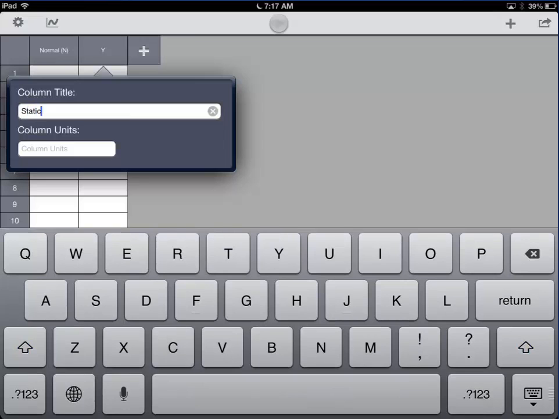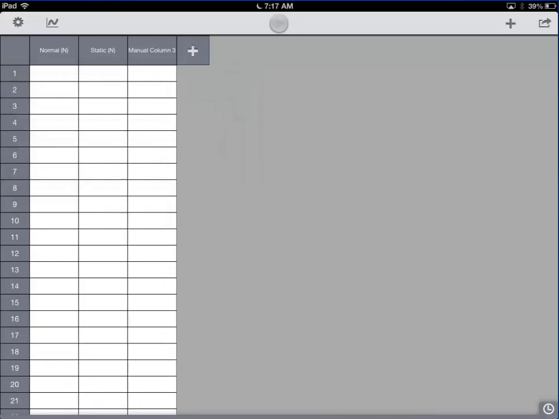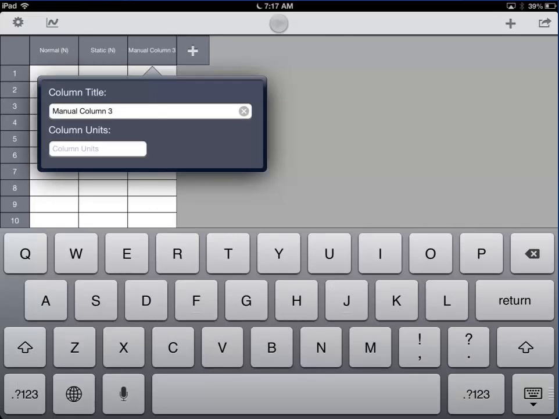Okay? And again, newtons, and then I just push the little plus button and I can get another column in here, and this was kinetic or sliding friction, and again this is a force, so measured in newtons.